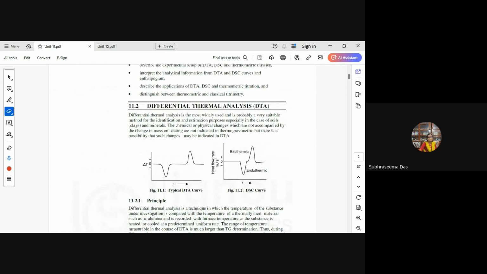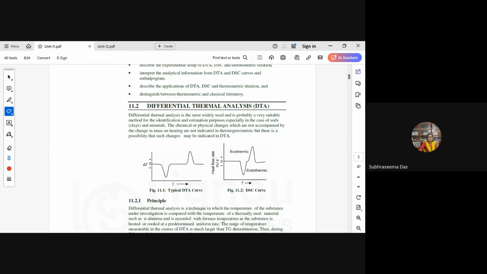Now TGA, that is thermogravimetric analysis, the plot of TGA represents the amount of mass change with respect to temperature. Now DTA, that is differential thermal analysis, the plot represents delta T, the change in temperature, versus the temperature range.